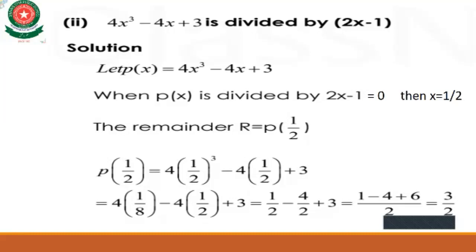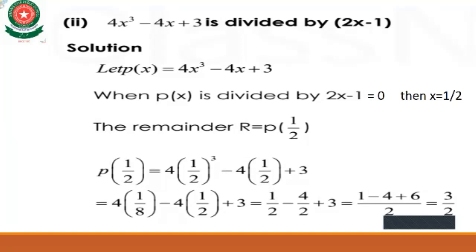We have to first find the value of x. 2x minus 1 is equal to 0, minus 1 will shift to the other side and change into plus 1, dividing both sides by 2, then the value of x is equal to 1 by 2. We have to put the value of x in the given polynomial. R is equal to p of 1 by 2.